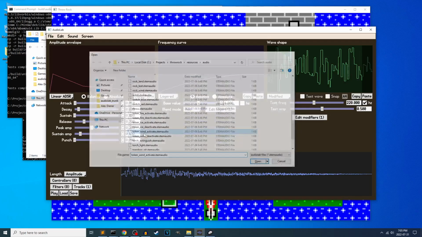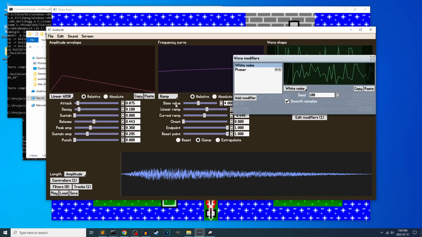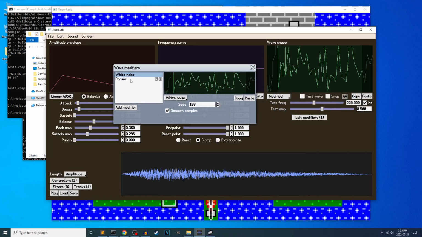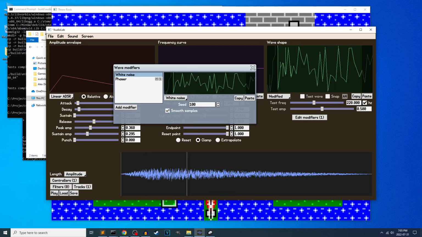Okay, and then wind. That sounds windy enough, right? So that's a weird... What is this waveform? It's phased white noise, also smoothed. Okay, yeah, so that has a little bit too much hiss to it. That smooths it out a bit by not putting the sharp edges on the noise waveform.